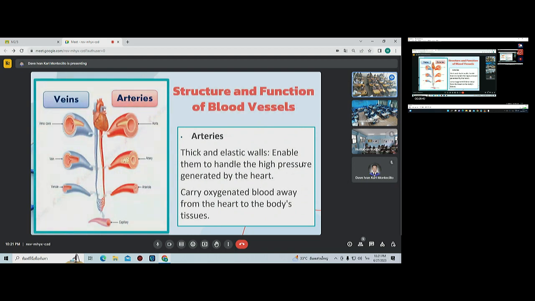Okay, we have blood vessels. We have three blood vessels. The first is the artery. The artery is the color red. It is in the body.